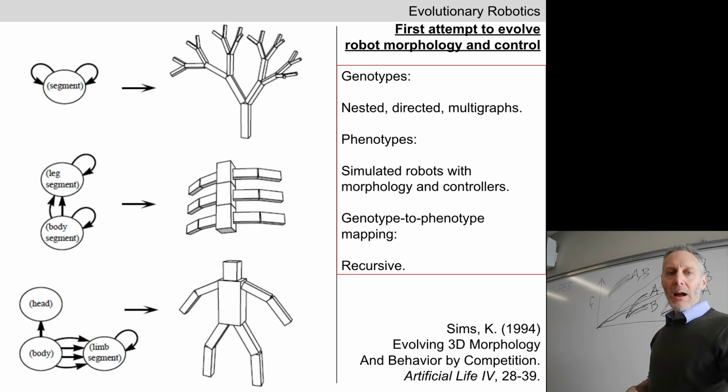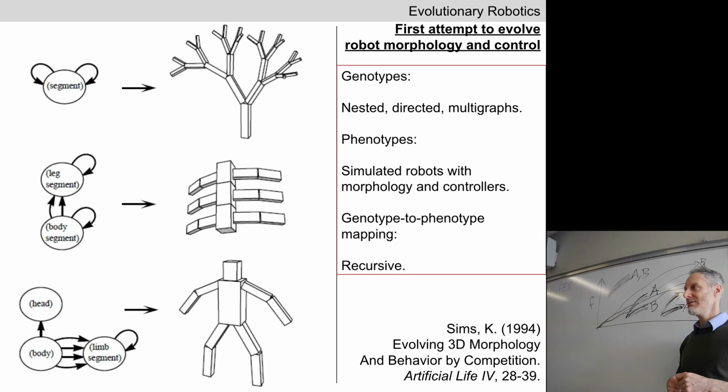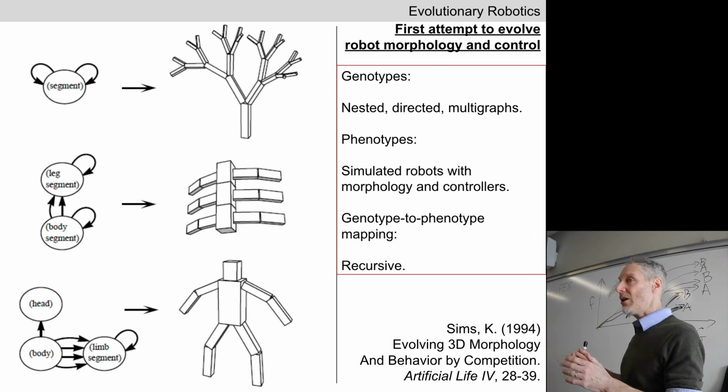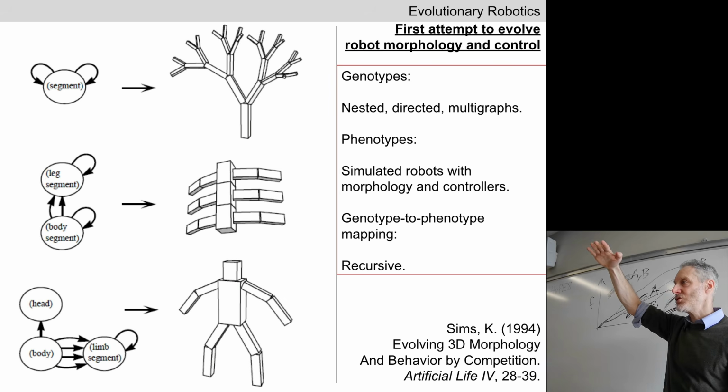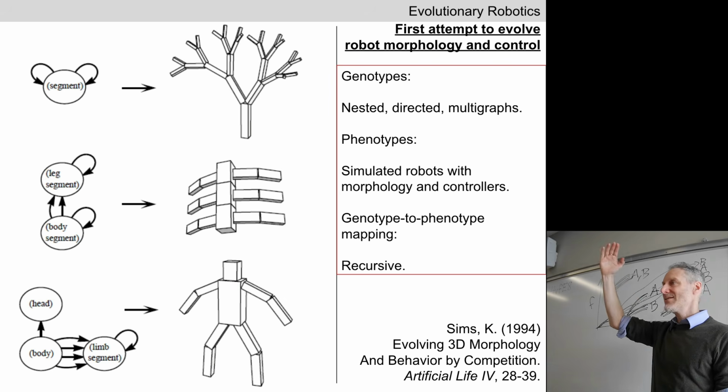Okay. All right, let's dive in and look at the evolutionary algorithm itself. This is probably the most complicated evolutionary algorithm we're going to see in this course, so we'll take our time. Remember that in an evolutionary algorithm, we have a population of genotypes, and these are data structures. And when we evaluate any one of these genotypes, we translate that genotype into a phenotype, and then evaluate the fitness of that phenotype in some way.